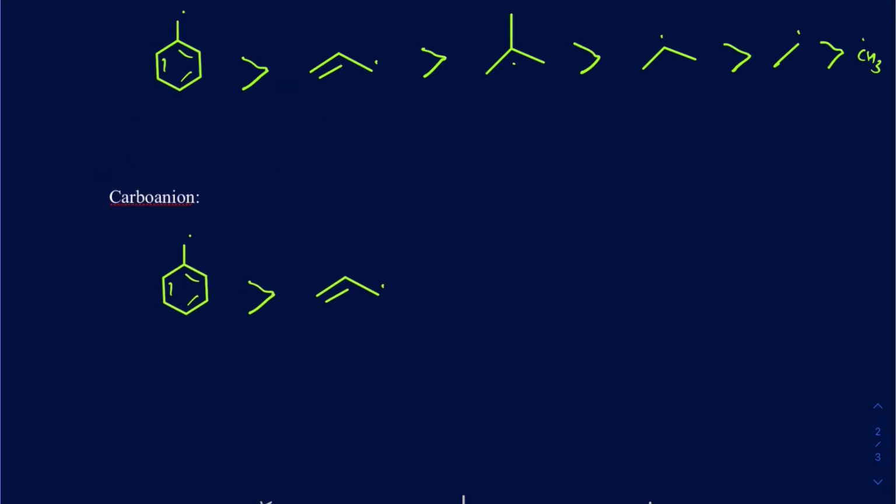So I can have these first two groups: a benzylic carbanion, and an allylic, not carbocation, rather, a carbanion, so a negative charge there and a negative charge there. They are going to be more stable because they have more resonance structures. So remember, comparing the benzylic with allylic, they are more stable because of the resonances.